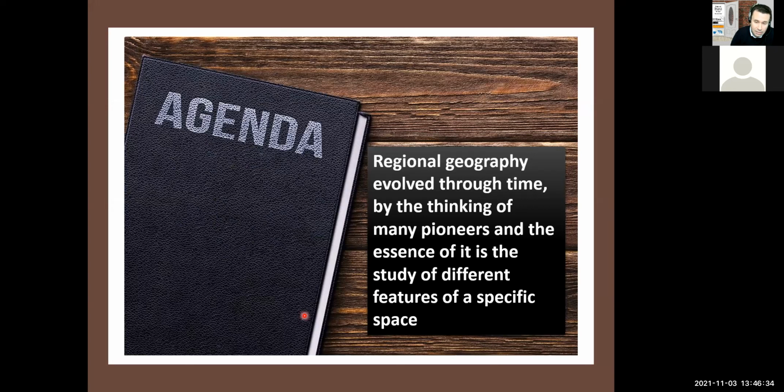You have witnessed that here today, from Strabo to Von Humboldt, Karl Ritter, Doreen Massey, John Harris, and Anssi Paasi, more current researchers on regional geography, evolved through different ways of thinking, through the hands of different pioneers, to study this uniqueness, the specificities, the differences as well of a specific geographical location.